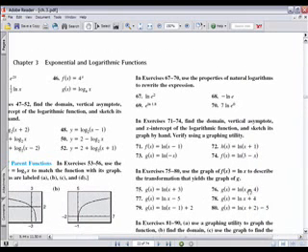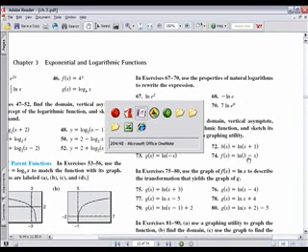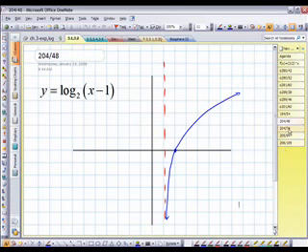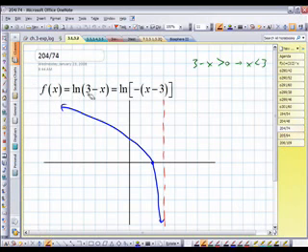74, same idea, but now we're doing it for ln of 3 minus x and seeing how that transforms from ln x. And so if we come back and look at that graph, ln of 3 minus x you can rewrite as ln of negative x minus 3, which moves the graph 3 to the right, but then it flips it around the y-axis.